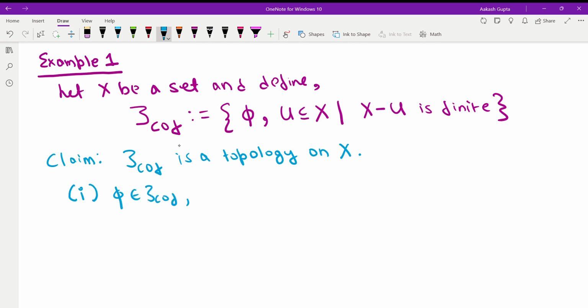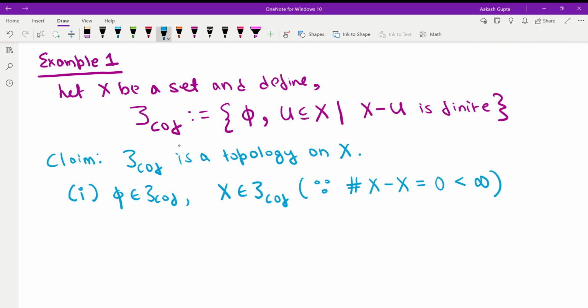Now, X is also in tau co-finite. Sorry, I have said the name. I will explain the word later on. Why? Because if you see the cardinality of X minus X, what is this, guys? It's an empty set, so it is 0, which is always finite, right? So less than infinity.